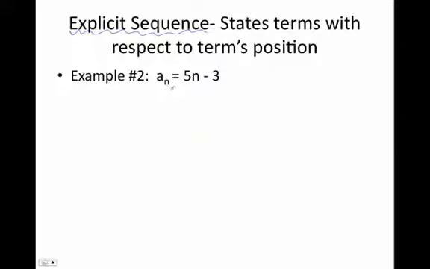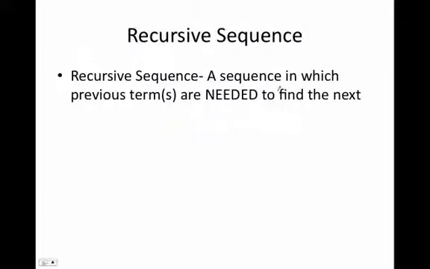If you had a sub n equals 5 times n minus 3, and I wanted the 100th term, I could just directly plug in and then I would get the answer I was looking for. So this would be 497, right? So it's something that's very explicit. You just sub in the position that you want, and you're going to get that term, that 100th term.